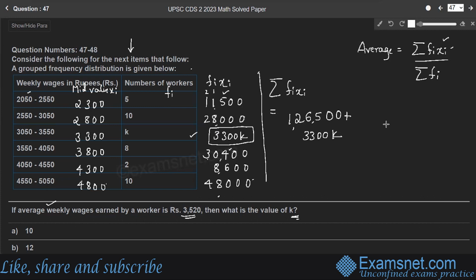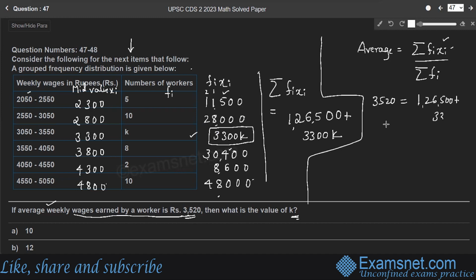Average weekly wages is given as 3,520. Therefore, we just directly substitute the values. Average is 3,520 equal to sigma FiXi, which is 1,26,500 plus 3,300 into K, whole divided by sigma Fi. What is the summation of the frequencies?